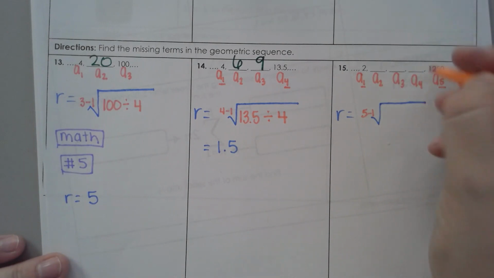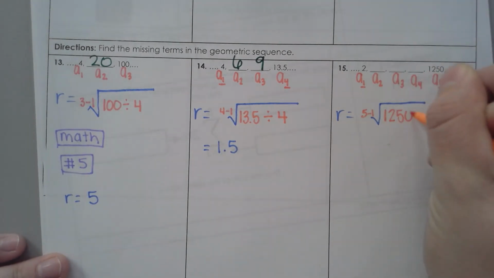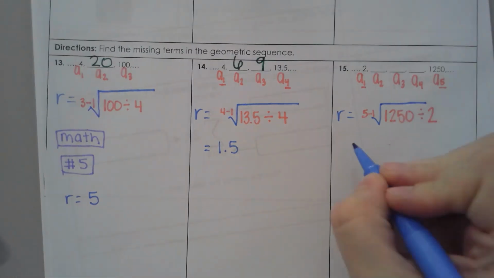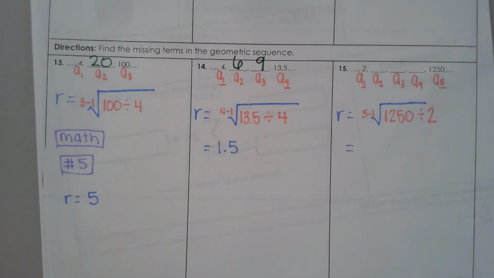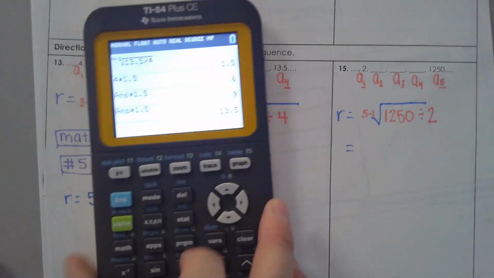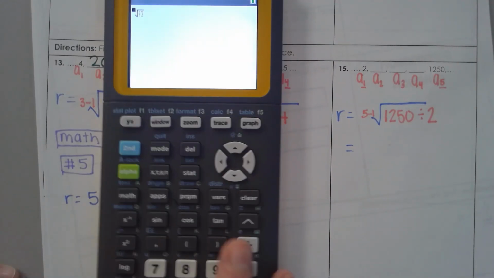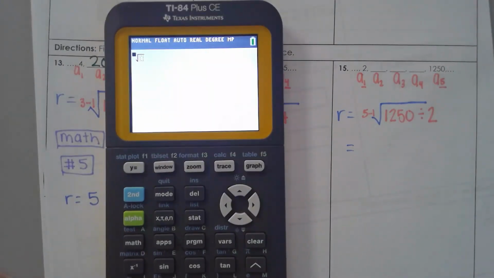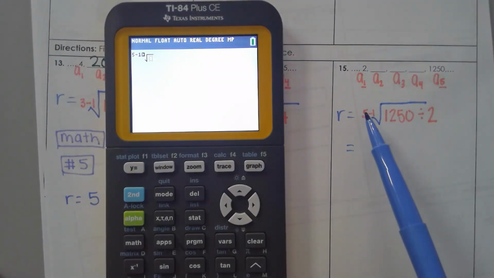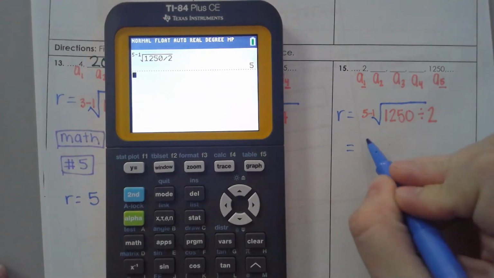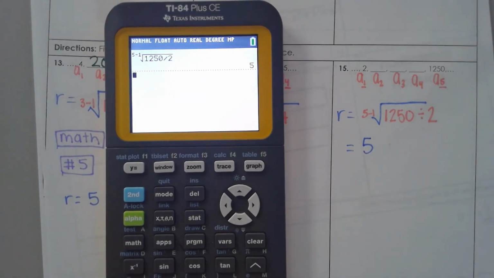And then underneath the radical, 1250 divided by 2. So math number 5 lets me type in whatever kind of root I want. So 5 minus 1. And then underneath the radical is where I do 1250 divided by 2, which is where I get the 5.